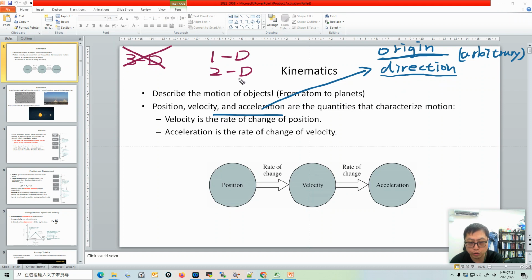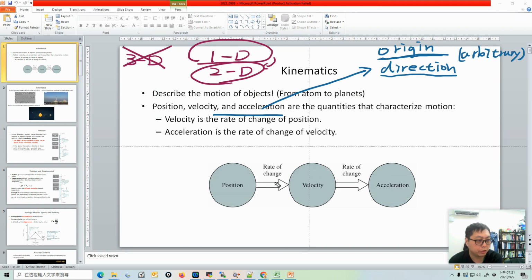In 1D and 2D kinematics, you can calculate by hand. In this course, we start from 1D kinematics, and then we go to 2D kinematics.